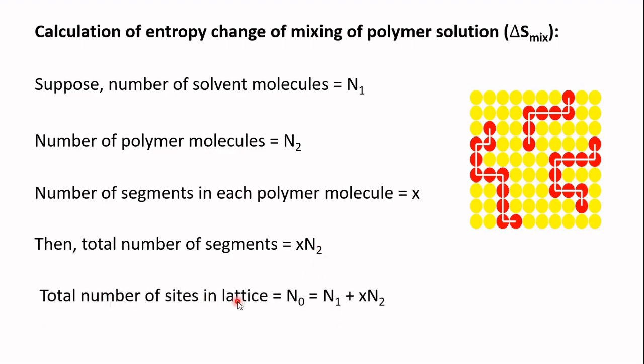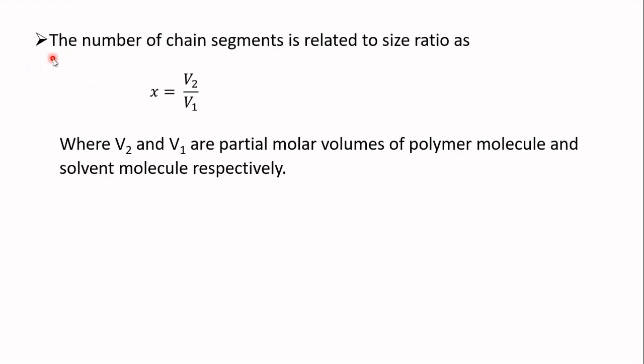The total number of sites in a lattice can be represented by N0, that will be equal to the number of solvent molecules plus the total number of segments present in the crystal lattice, that is N0 = N1 + X N2. If the number of chain segments is related to size ratio, then it will be mathematically represented like this. X, the number of segments, will be equal to V2 divided by V1, where V2 and V1 are partial molar volumes of polymer molecule and solvent molecule respectively.